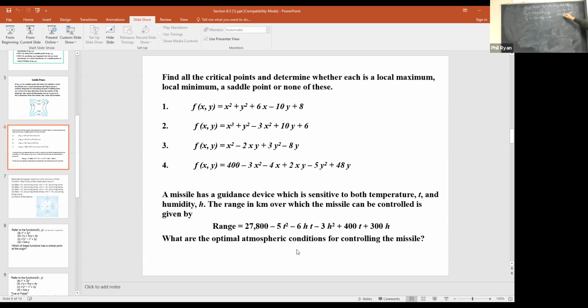So we multiply this by 3, we'll get a 6x here that we can then add to that to get rid of the x's. So multiplying that by 3 gives us 6x minus 30y equals minus 144, I believe. So if we add those two things together, the 6x's cancel, we get minus 28y equals minus 140.